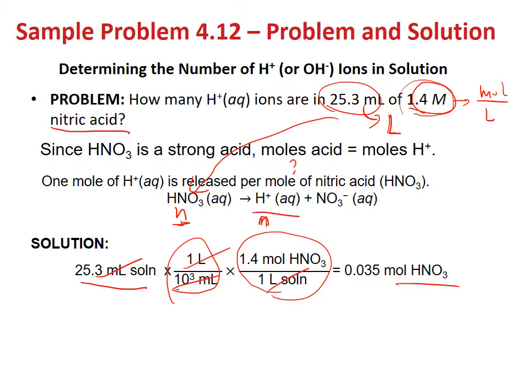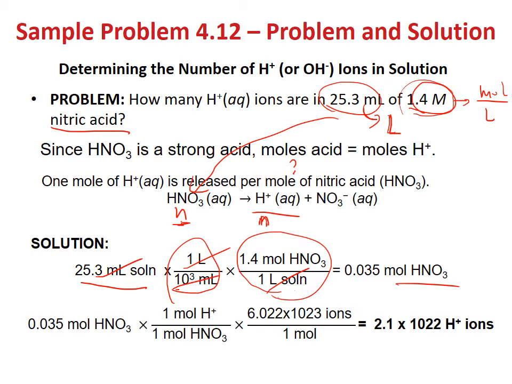Next, using stoichiometry, we find the moles of hydrogen ion. This is the ratio of nitric acid to hydrogen ion. The stoichiometry is a 1-to-1 ratio, and that gives you moles of hydrogen ion. And then times Avogadro's number gives you the number of hydrogen ions.